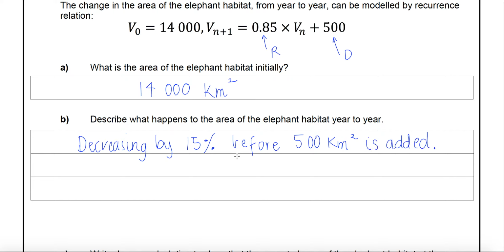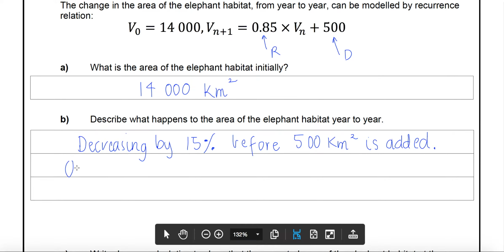Now, what you might like to do with your calculator now is create this sequence in your calculator. So enter 14,000 and then, like we have done with previous sequences, 0.85 times by our answer plus 500. And have a look what's happening to the values overall. Are they increasing or are they decreasing?